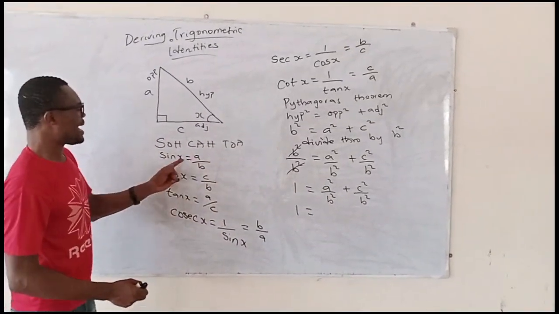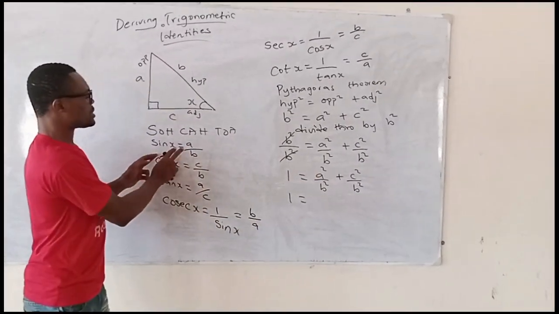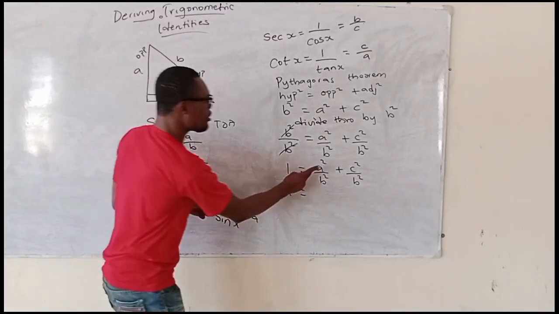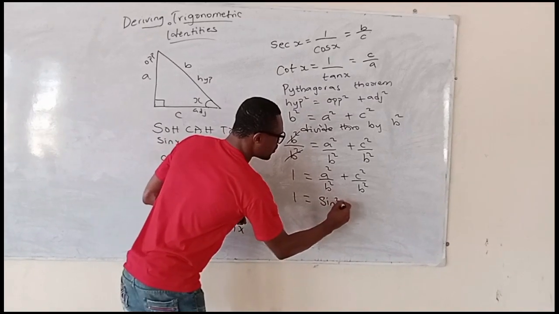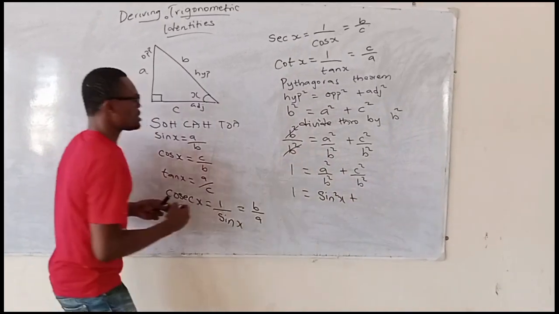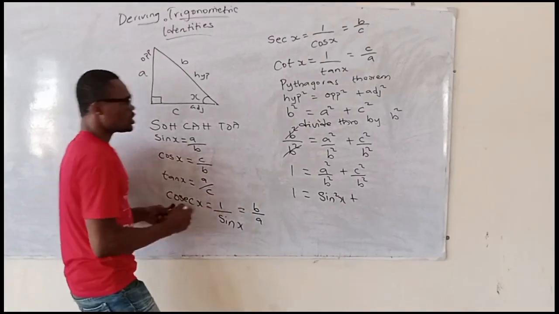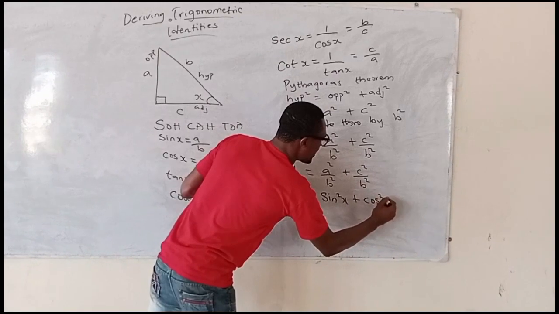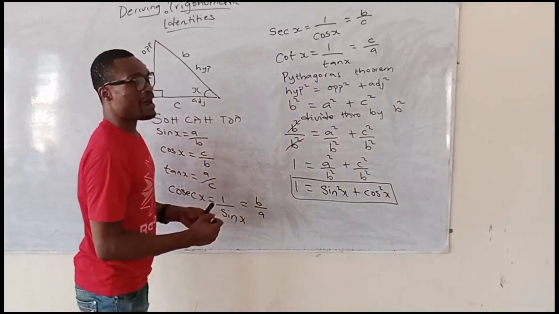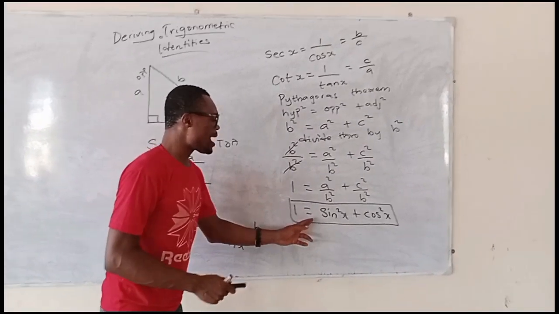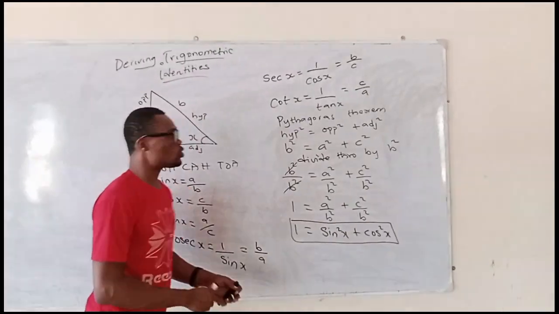Sine x is A over B, but here I have A squared over B squared, so this function is squared. In the place of A squared over B squared, I can write sine squared x, plus C over B, which is cos x, so cos squared x. This is the first trigonometric identity you must never forget: sine squared x plus cos squared x is equal to 1.